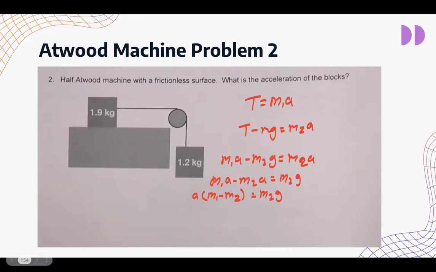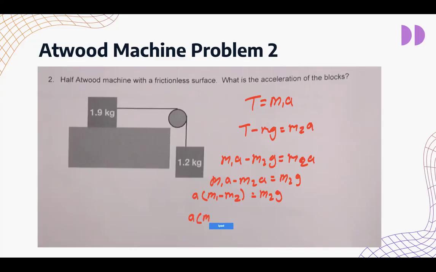Okay. Now I'm gonna divide each side by M1 minus M2. Also, no one's texting me privately on my iPad, right? I'm not gonna look there if you have any questions.